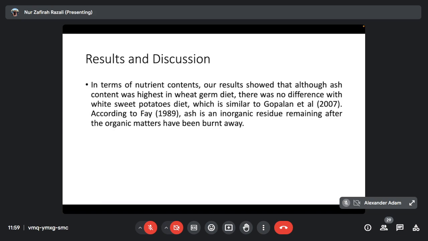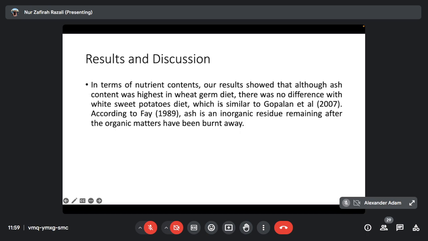For example, as you can see here, in terms of nutrient contents, our results showed that although ash content was highest in Lithium diet, there was no difference with white sweet potatoes diet, which is similar to Gopal et al. 2007. According to Bay 1999, ash is an inorganic residue remaining after the organic matters have been burned away.